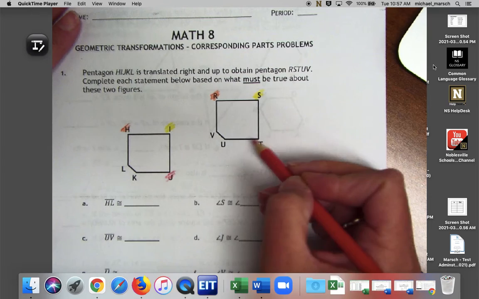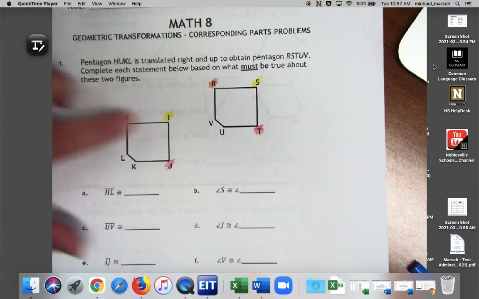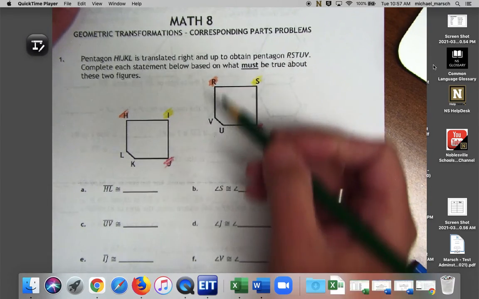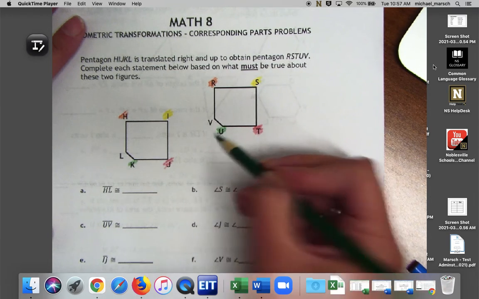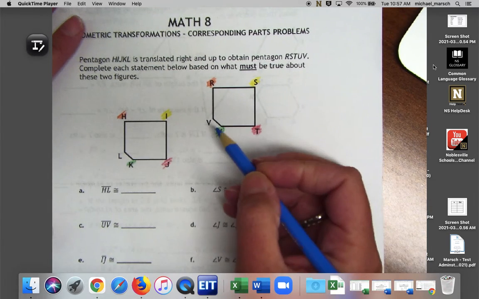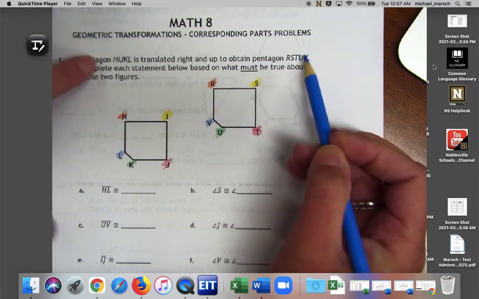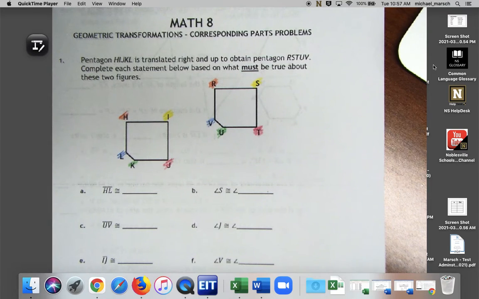J corresponds to T. So I've got orange, yellow, red. K corresponds to U. And L corresponds to V. I know that because of the order that the letters are given to me. That's a huge component of geometry next year. Just saying. The order matters.